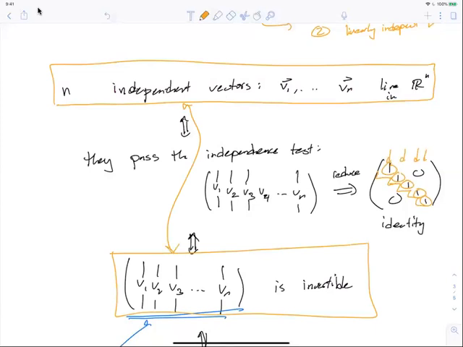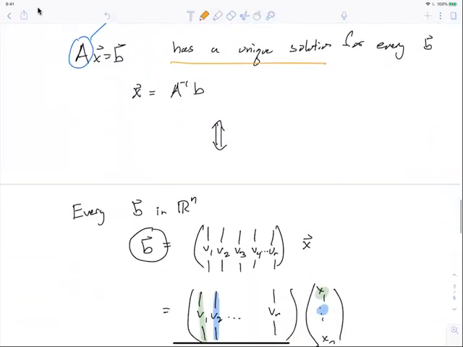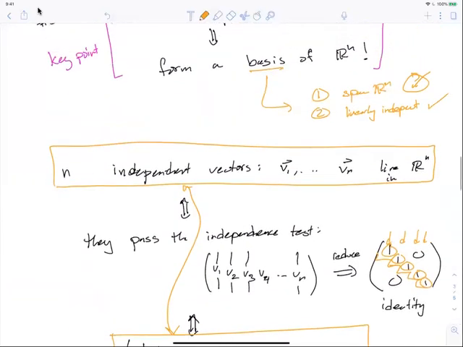You can also check if vectors are independent by seeing if there's an inverse, though you probably wouldn't use this fact that way. It does work this way. These are all equivalent notions of the same thing. Independent vectors in Rn, if you have n of them, form an invertible matrix. That implies there are unique solutions for every possible B, and that implies that they form a basis.